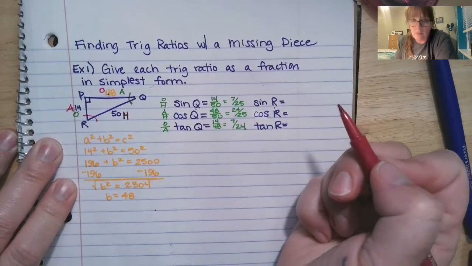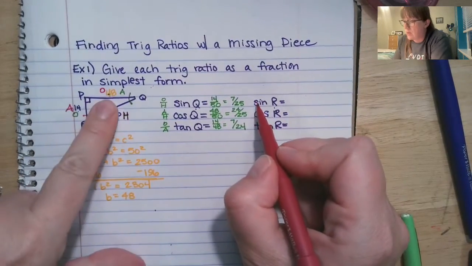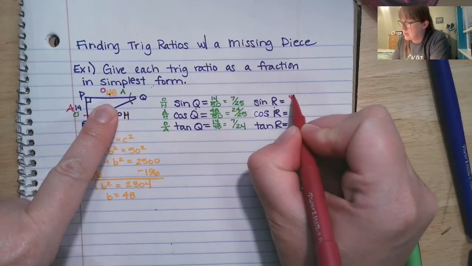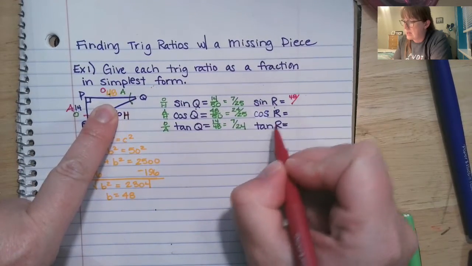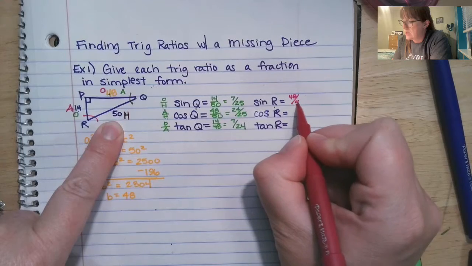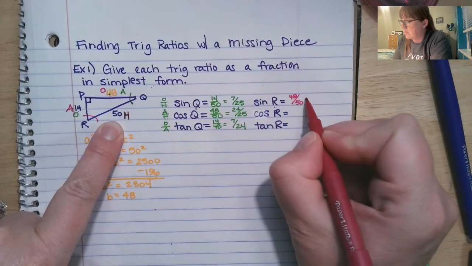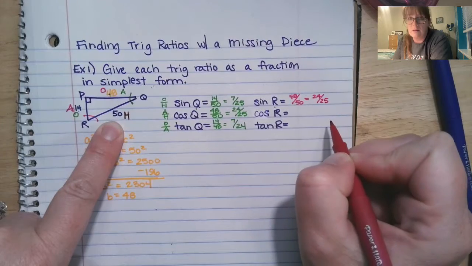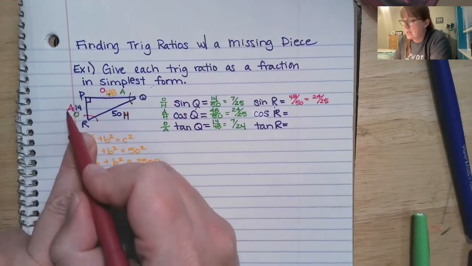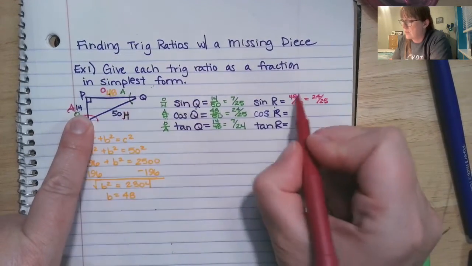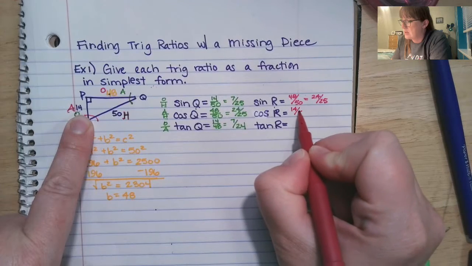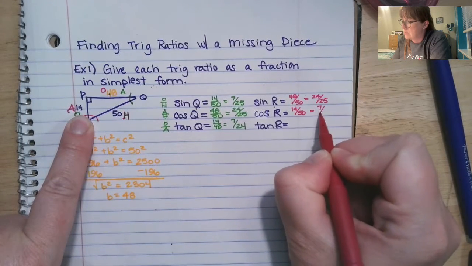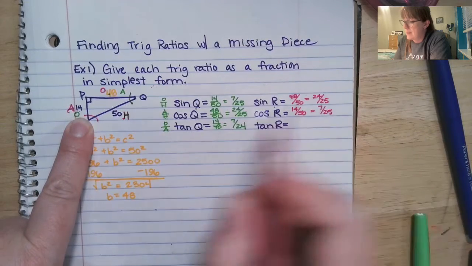Okay, so same thing. We're going to do SOH, because opposite of R is 48, and then H is 50. 48 over 50 is 24/25. Then we're going to do cosine, CAH, so 14 over 50, which is 7/25.